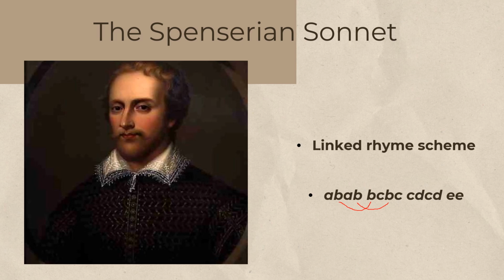BB and C would be coming to the next stanza, CC. So this is how the Spenserian sonnet is different. They have a linked rhyme scheme, or each quatrain would be linked to the next by a continuing rhyme. So here the rhyme scheme would be ABAB, BC, CD, and EE.